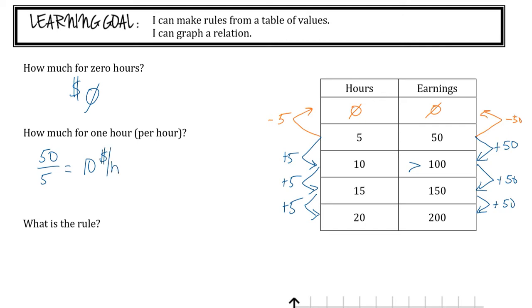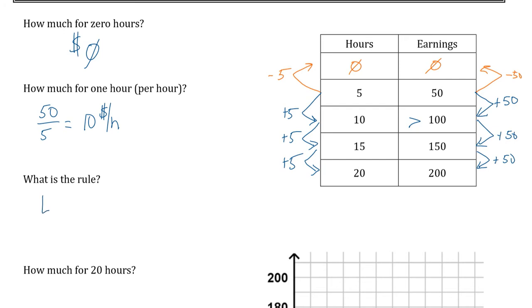Okay, so what is the rule? The earnings in this case are 10 times the number of hours, again, plus 0, but we don't need to write that in this case. So that's the only thing that's changing today, is that the number of hours is not growing by 1, it's growing by something else.